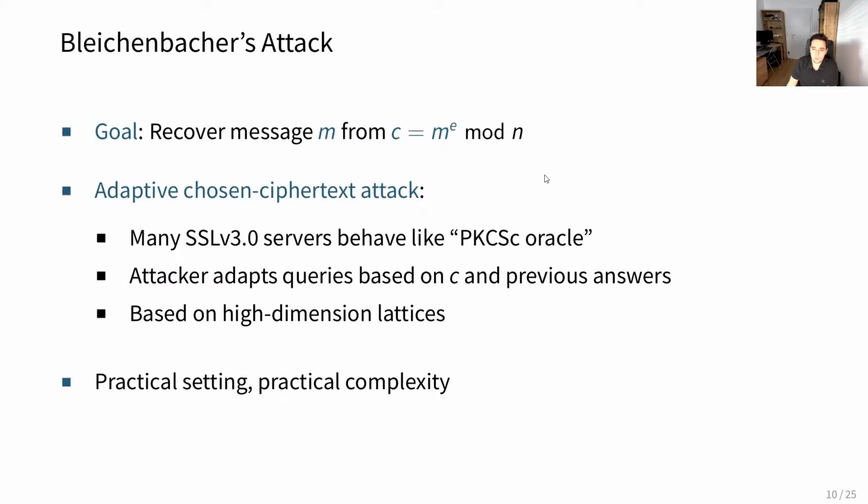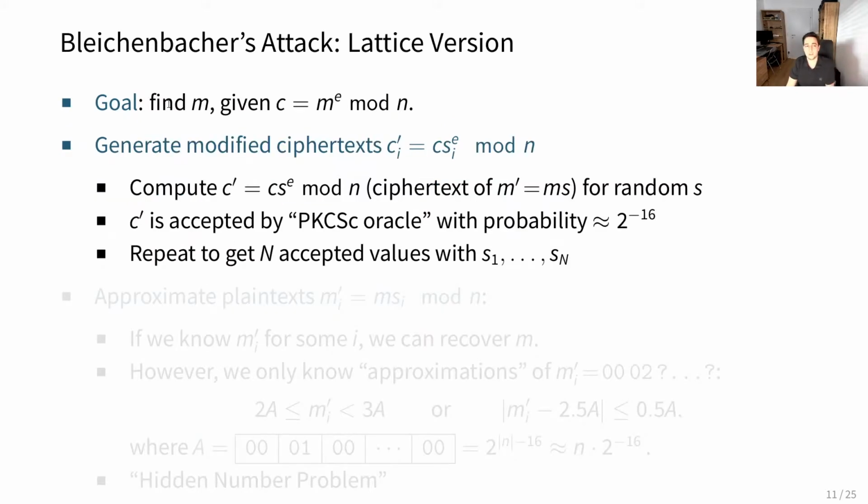Okay, so how does the attack then work? Well, the goal is to recover some message M from the ciphertext of this message. So this is padded here already. And basically, let us just go to the attack itself.